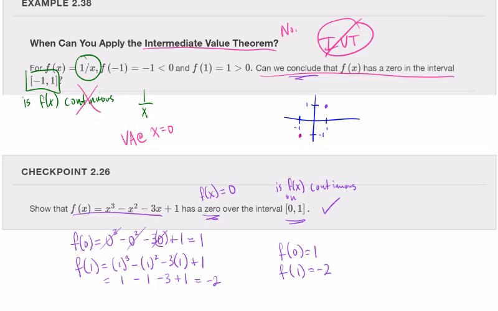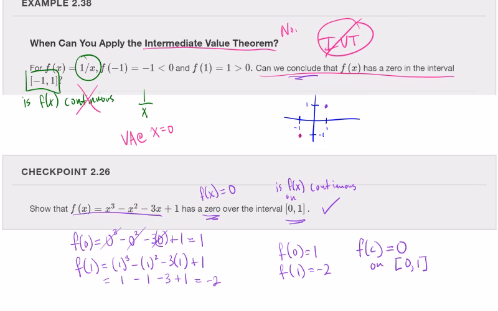So to get from 1 to negative 2, we have to cross 0. To get from a positive to a negative, or a negative to a positive, we have to cross 0 if that function is continuous. And so by the intermediate value theorem, we can say that there's some input c that gives you an output of 0 on the interval from 0 to 1.